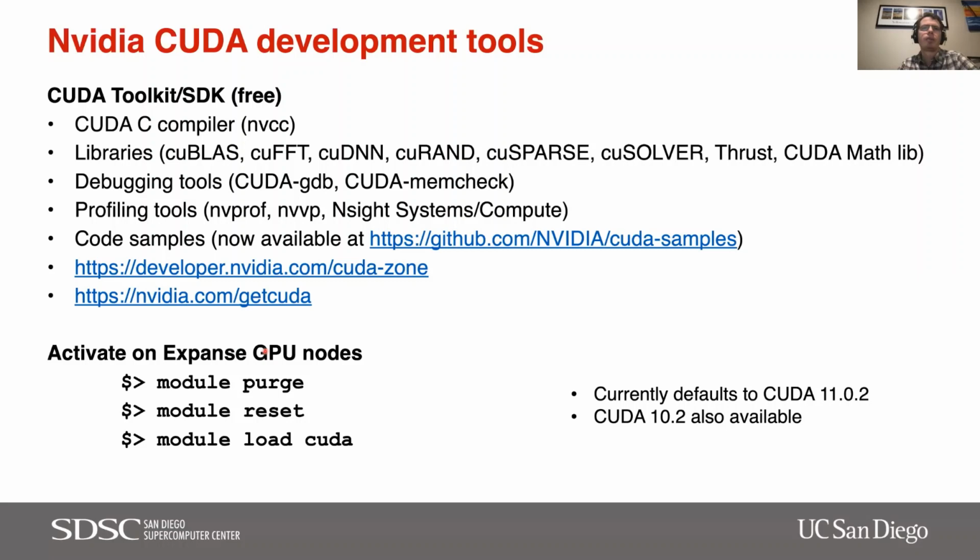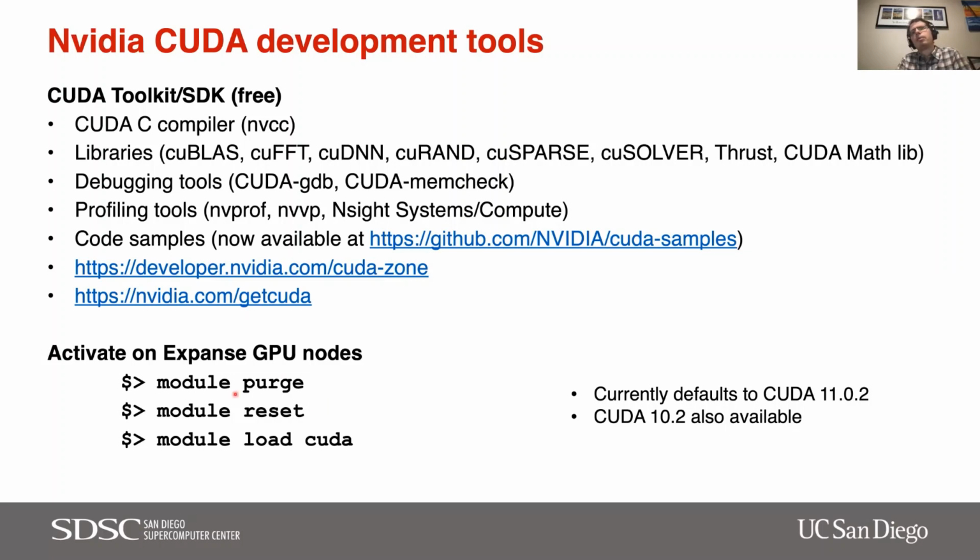And then if you want to use CUDA, it's pretty simple. You get onto a GPU node. What I like to do is a module purge and a module reset. You don't have to do that, but this is just in case you have set a module and it remained loaded, something that might be CPU specific or a different compiler, and that interferes.